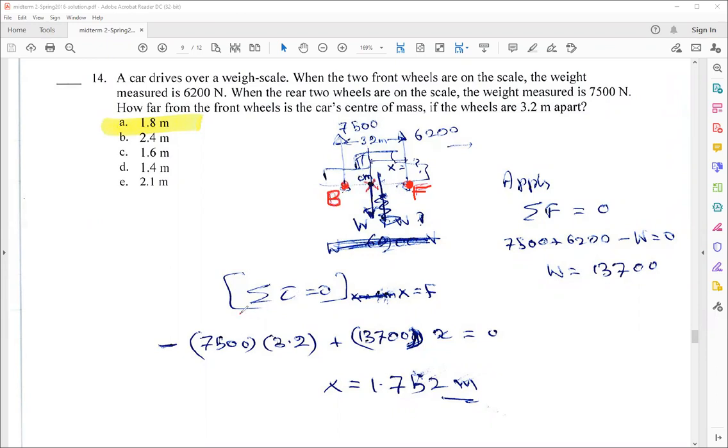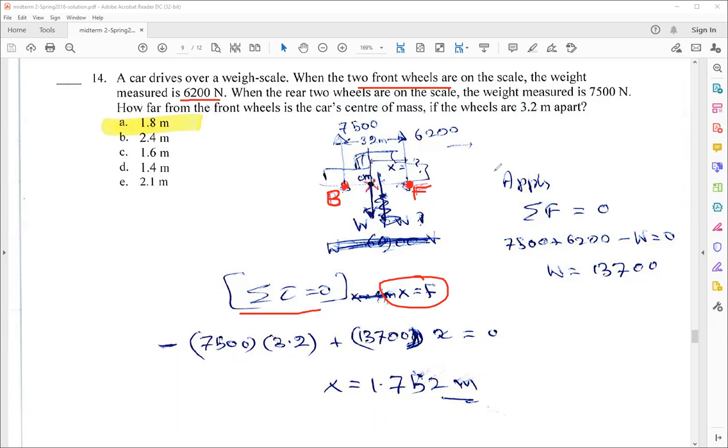Now I'm going to look at the net torque around the front equal to 0 in equilibrium. So when the two front wheels were on the scales, it measured 6,200 newtons. When the rear wheels were on the scale, the weight was 7,500.